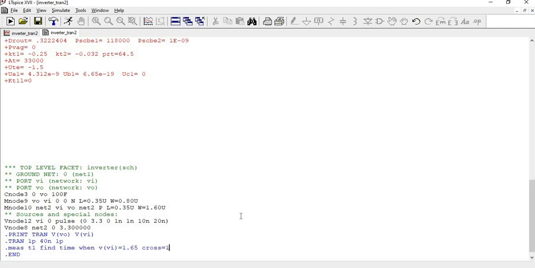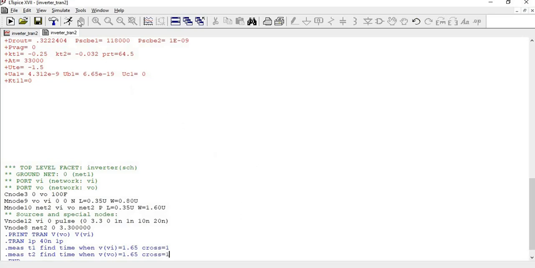So .measure T1, find time when VI is equal to 1.65 cross 1. Then measure at the output, .measure T2, find time when V out is equal to 1.65 cross equal to 1.